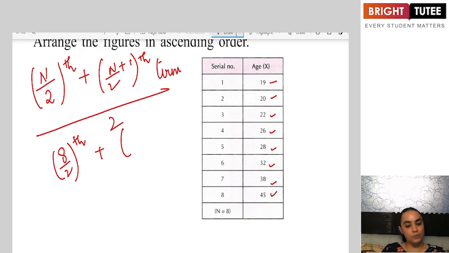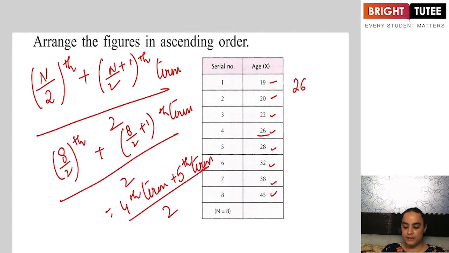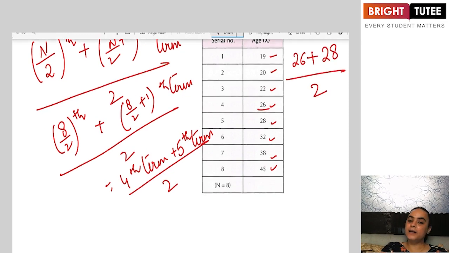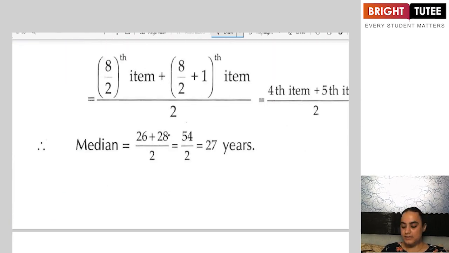Okay, so this is the 4th term plus the 5th term, divided by 2. What is my 4th term? 26. 5th term, 28. Divided by 2, I get my median as 27 years.